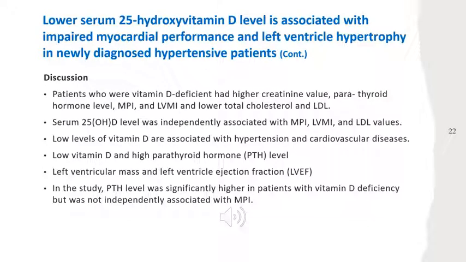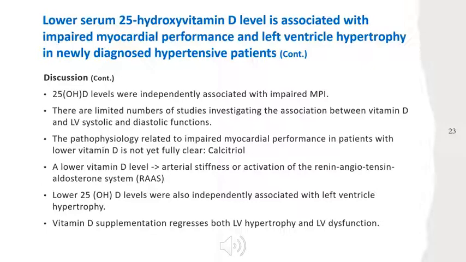In the study, parathyroid hormone level was significantly higher in patients with vitamin D deficiency, but was not independently associated with myocardial performance index. The researchers mentioned that one of the most important reasons for the different results is the technical difference in evaluating left ventricle function.